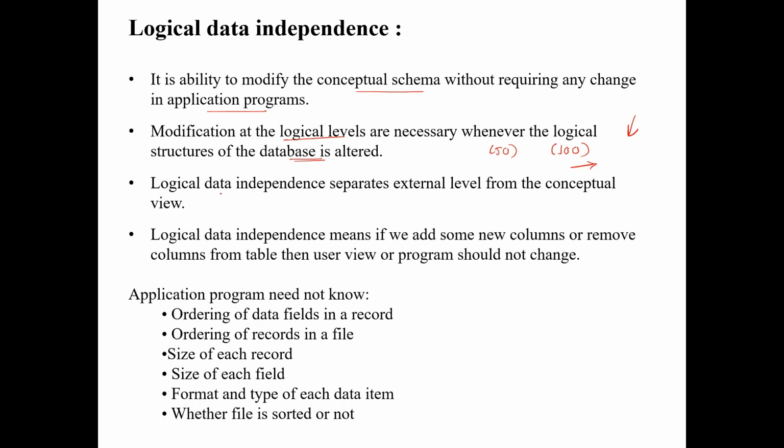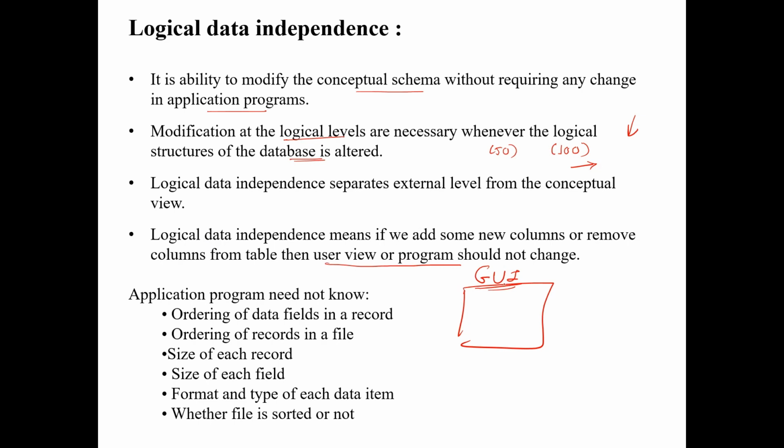But this logical data independence separates the external level from the conceptual view. Logical data independence means if we add some new columns or remove columns from the table, then the user view or program should not change. Whatever the user interface is, we call it a GUI, graphical user interface, it will not change.